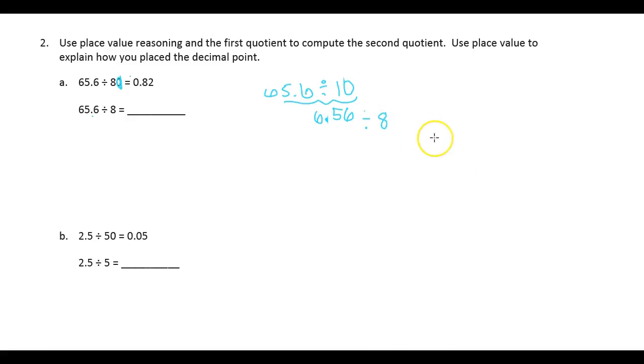This time what we have is 656. The 6 is in the hundredths place. So I'm going to say 6, 5, 6 hundredths. That's our noun. And we're dividing it by 8.